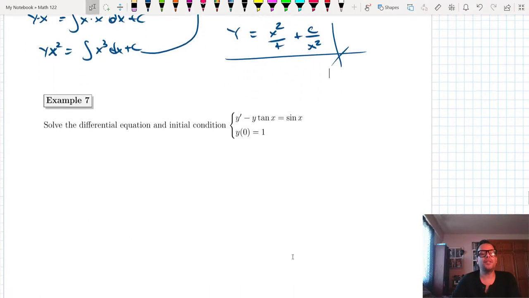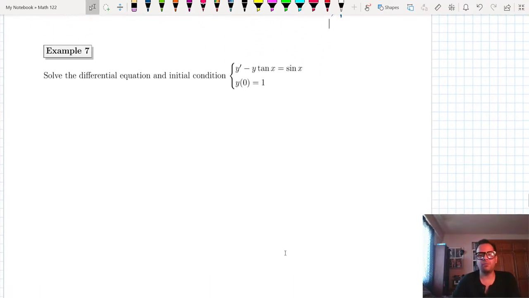Now let's do one that has trigonometric functions and an initial condition as well. Notice in this case, the equation is given in the correct form because the derivative term has a coefficient of an invisible one.